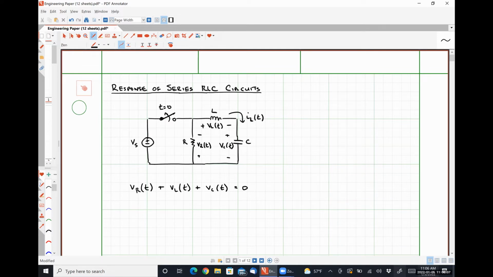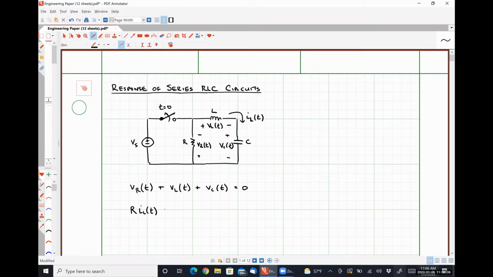And now we can use our current-voltage relationships for capacitors, inductors, and resistors to express all three of those voltage drops in terms of that common inductor current IL of t. So using Ohm's law, we should have R times IL of t is our voltage drop over our resistor.